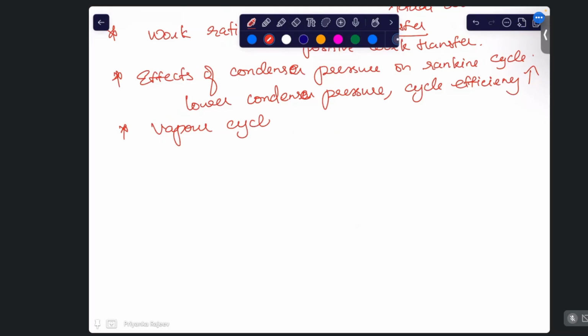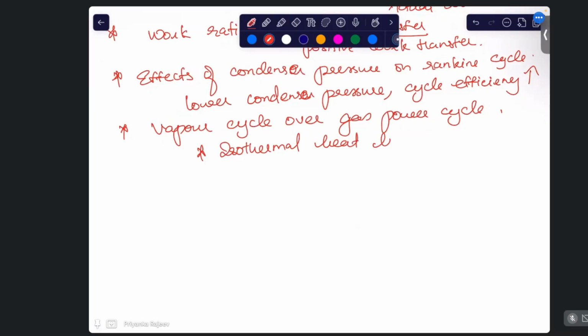Vapor cycle has isothermal heat transfer possible.